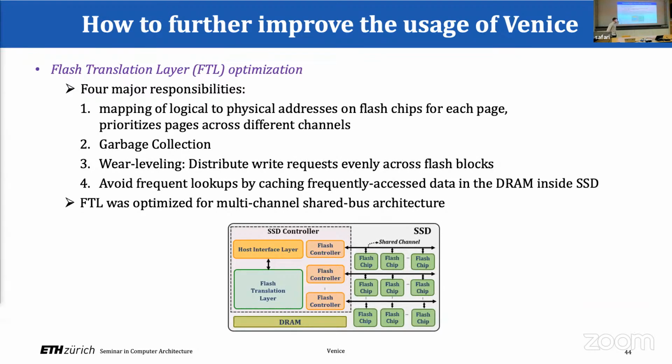To my knowledge, the IO request that comes from the host system tries to use the nearest flash controller in its path, and if it's not available, it just takes another one. But that's not always the path that Venice takes, right? No, the nearest one is not. It tries to take the minimal path at first, but if no minimal path is available, it tries to use another one with another flash controller.